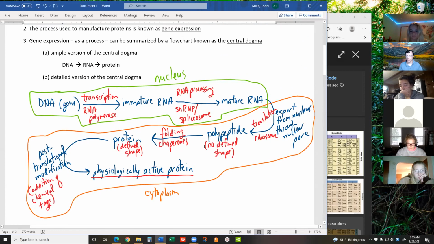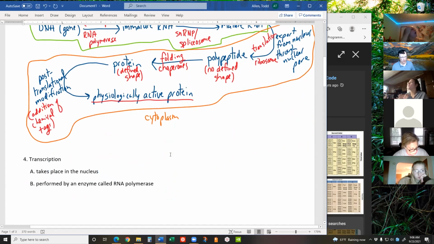The polypeptide will fold and form the protein of a defined shape. There may be some additional chemical modifications that your book is not describing to you, but I'm telling you that they're there. And then we get the physiologically active protein. Is there any aspect of this central dogma chart you'd like to ask a question about?